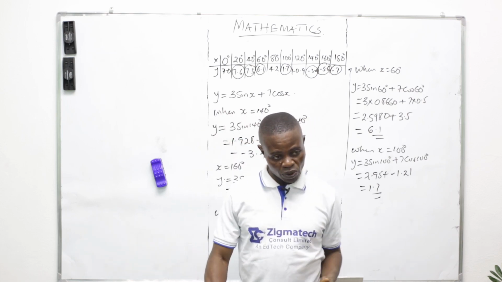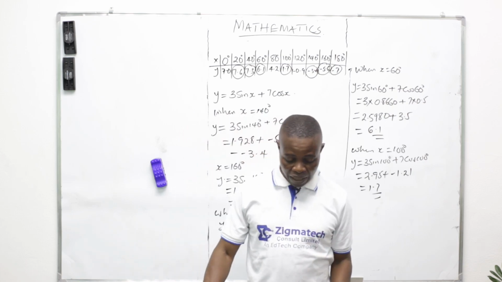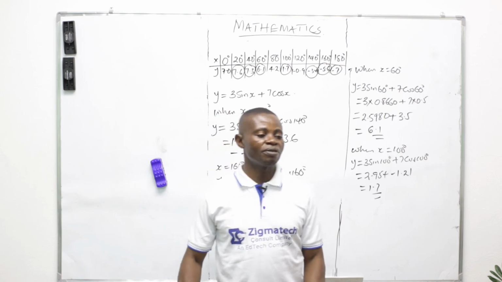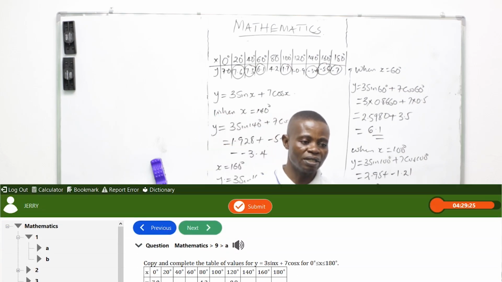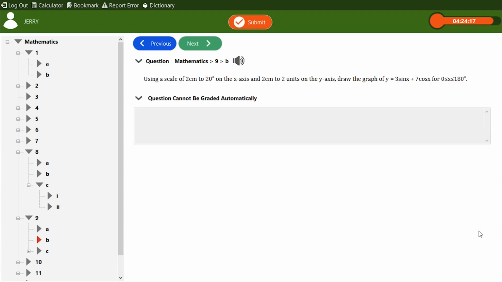But it is possible to have a negative in the y-axis. For the axis of angle, we don't have minus 30 degree. Therefore, no negative is needed in the x-axis. Let us start to plot using the table.